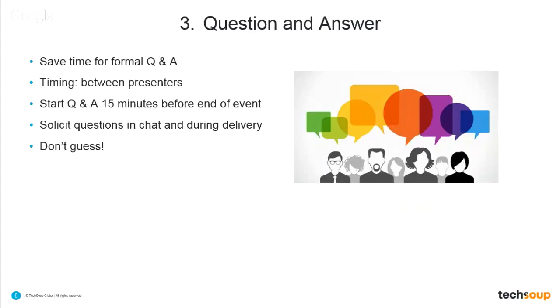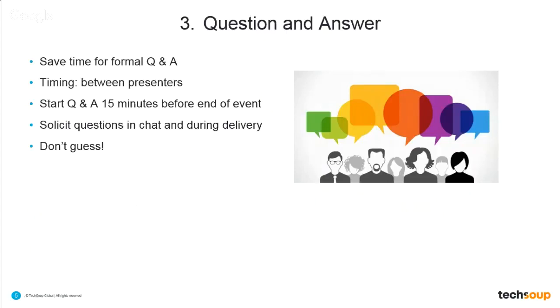Question and answer. Another great way to encourage engagement is to specifically set aside time for your audience to ask questions. Each platform that you use is going to have a slightly different way of doing this. I've seen a formal Q&A in a chat box where the participants chat in their questions.